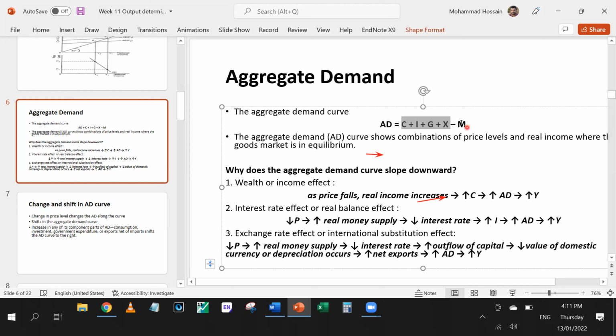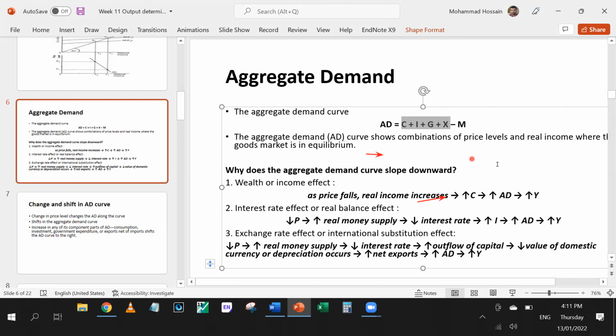But for import M, when M is decreasing, it shifts to the right. So you have to know this equation and know their signs. C is positive, I is positive, G is positive, X is positive, but M is negative.